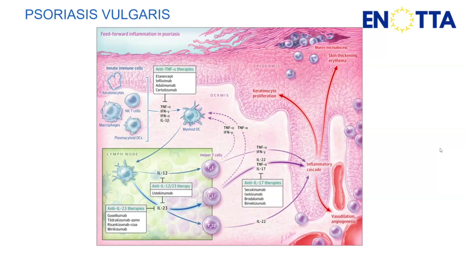And this cytokine will stimulate the T helper cells to differentiate to the T helper 17 cells, and they in their turn will produce also a very important cytokine in psoriasis, the interleukin 17.